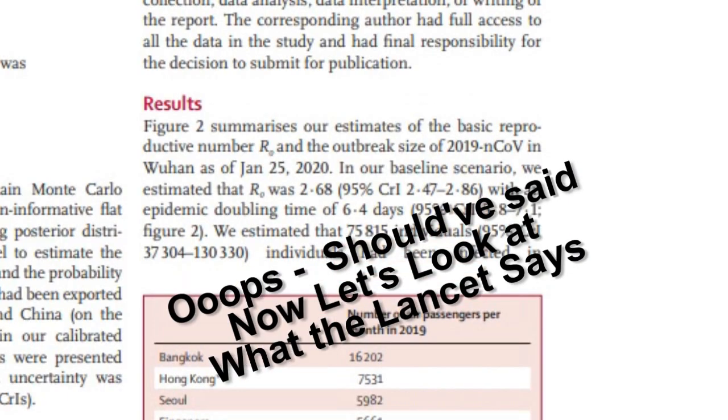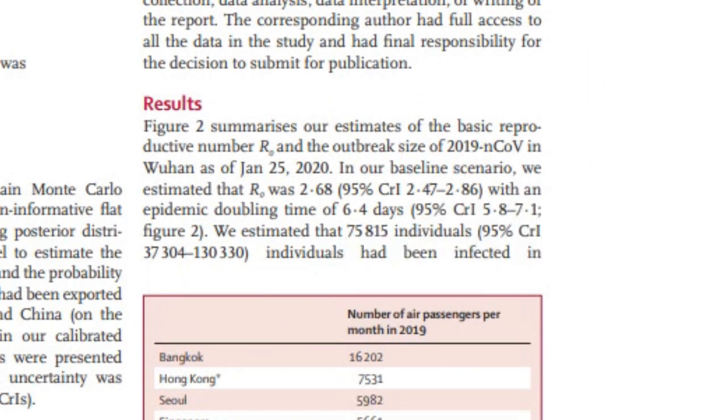Now, the Lancet is a peer-reviewed medical journal, and they projected, based on the information that they had at the time, they did their forecasting and nowcasting, and they had predicted that as of January 25th of 2020, in their baseline scenario, they estimated the R0 value was 2.68, with an epidemic doubling time of 6.4 days.